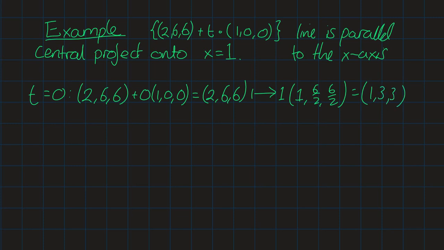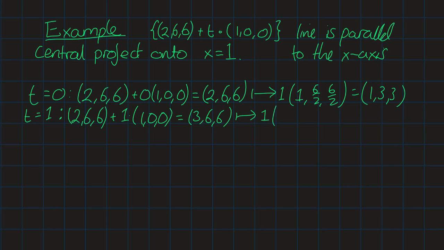Let's try t equals 1. This time I get (2,6,6) plus 1 times (1,0,0), which is (3,6,6), which gets mapped to (1, 6/3, 6/3), which is (1,2,2).